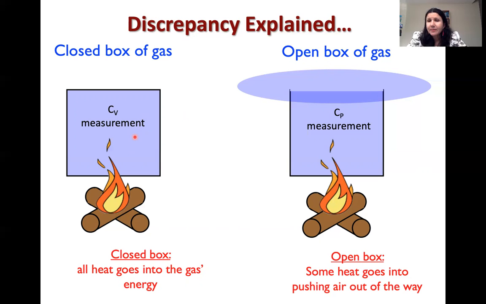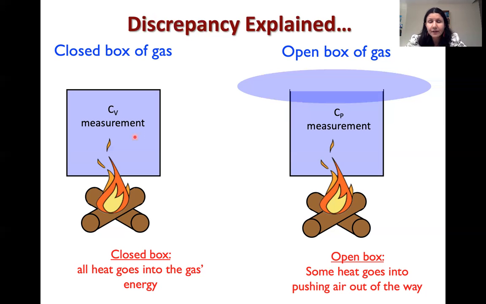Now, if your experiment is done at constant pressure, so what we're trying to do now is keep the pressure constant, the only way to do that is to allow, and in the next couple of weeks, we'll start talking about thermodynamics and introduce the ideal gas law. So you will see this connection between pressure, volume, and temperature. But basically, to keep the pressure constant, you have to allow the volume to change.